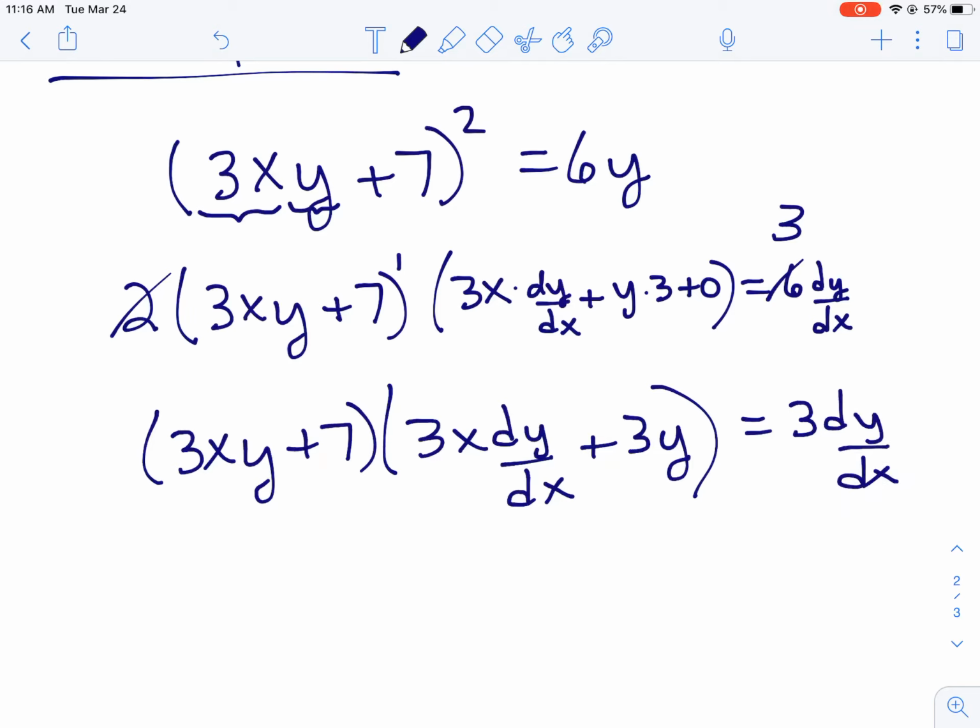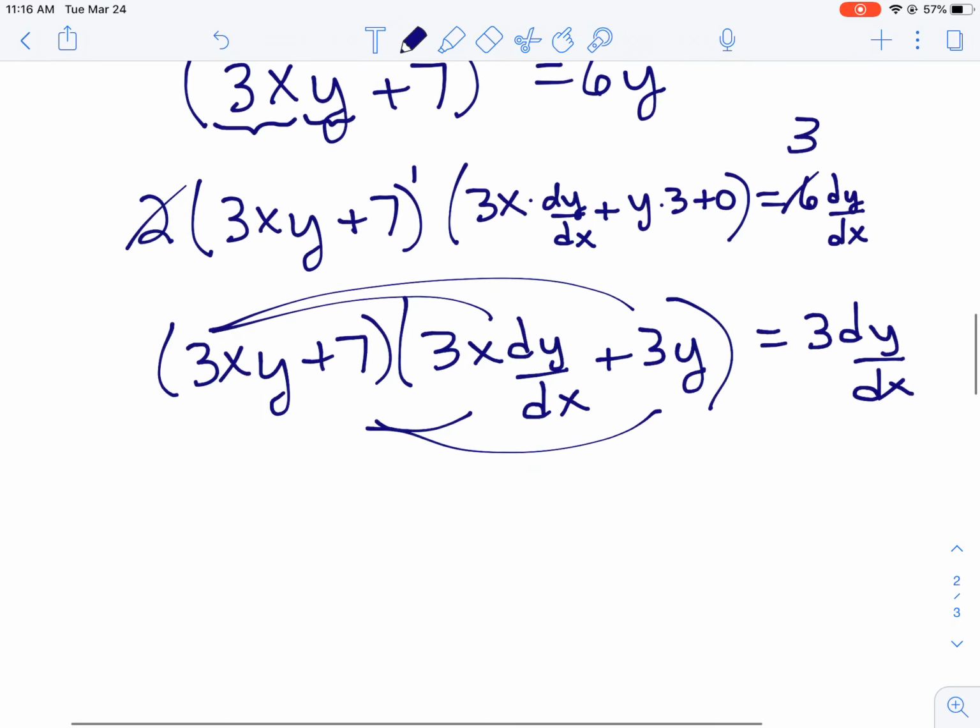All right, now the next thing I'm going to do is my foiling fun. I'm going to multiply, multiply, multiply. So here we go.